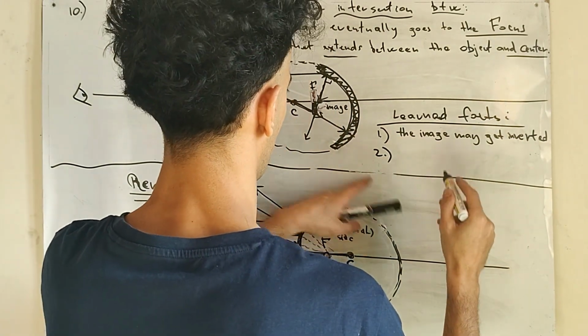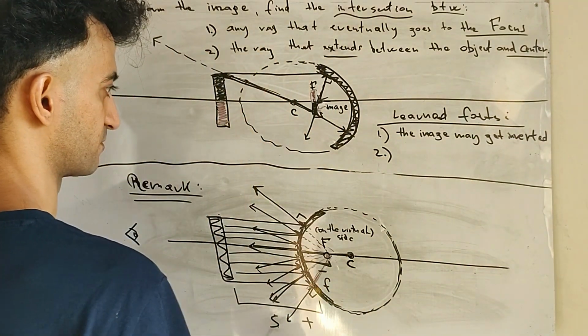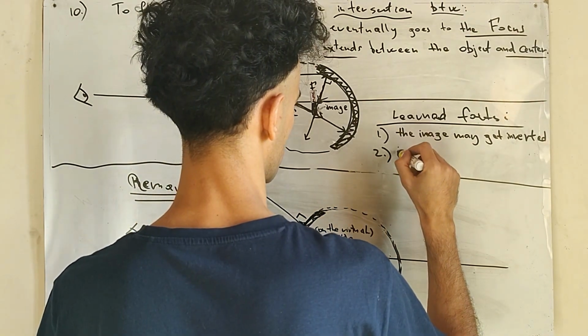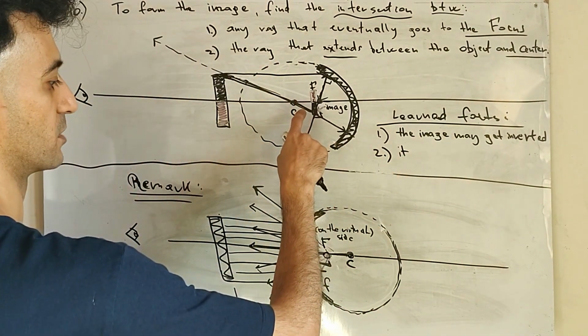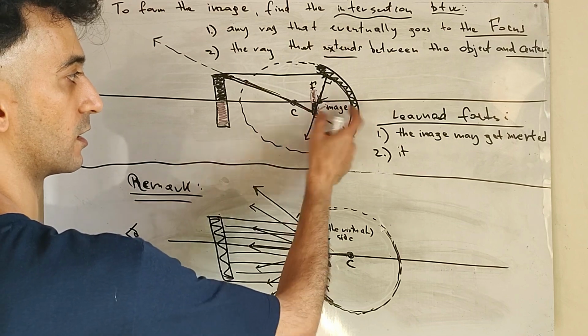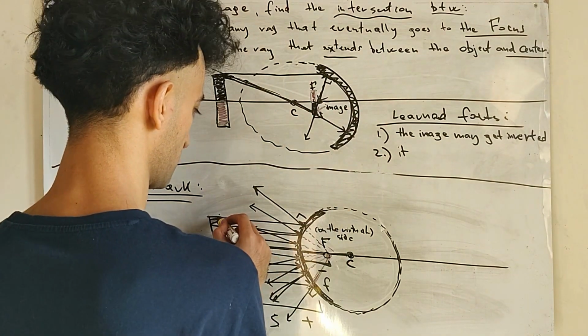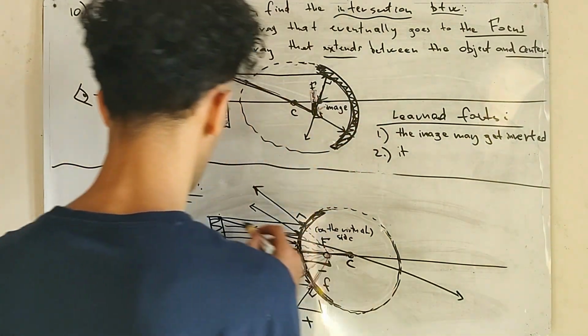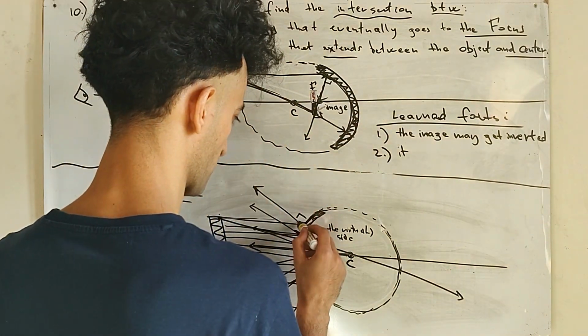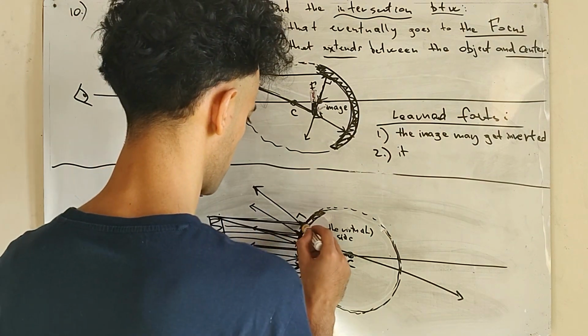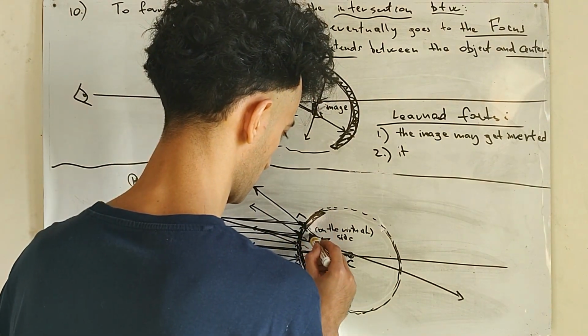Second, now we didn't see this guy becoming created on the virtual side, but look here. Center, here, reflection, right? This position, this guy. What happens?